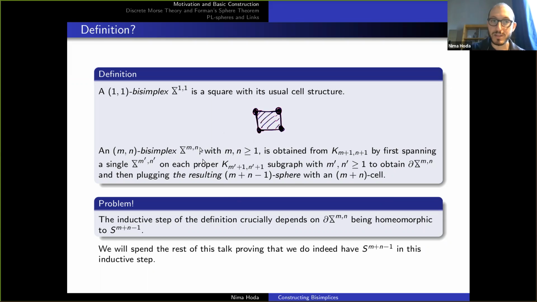The only way this definition makes sense to actually define cells is if we can prove in that inductive step that this is actually a sphere, and that's how we're going to spend the rest of this talk: proving that it's a sphere and developing the tools that we need to do that.